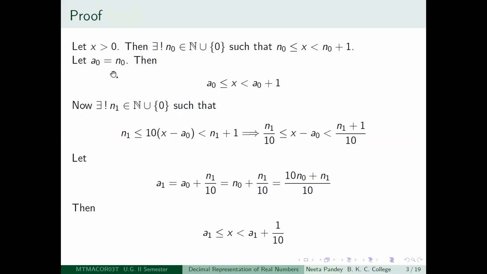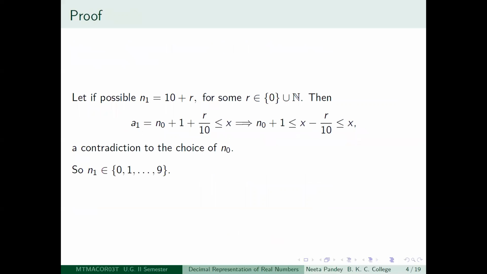Similarly, our a0 was a rational number whose form as a fraction had denominator 1, which is 10 to the power 0. Okay, so we have at least got n0 and n1 in hand. And also we will see that n1 is going to be one of 0, 1, 2, etc.